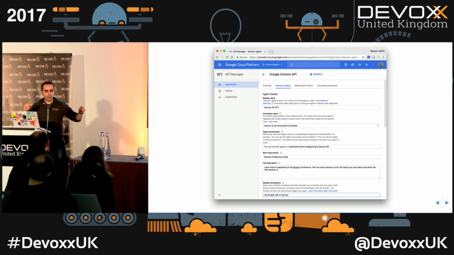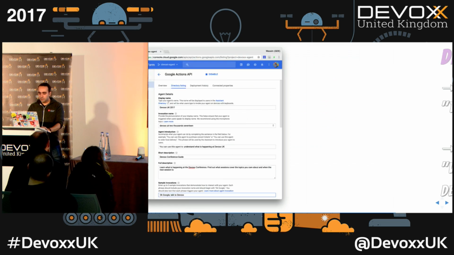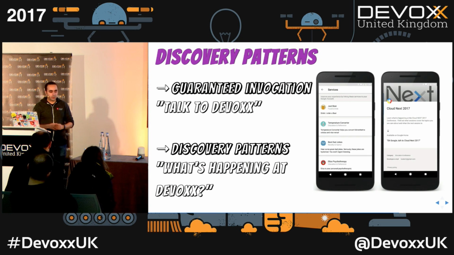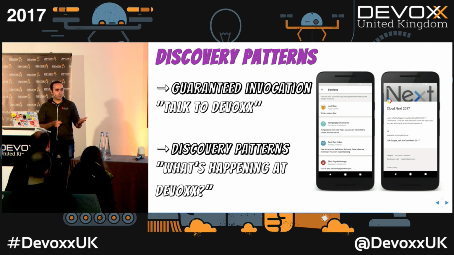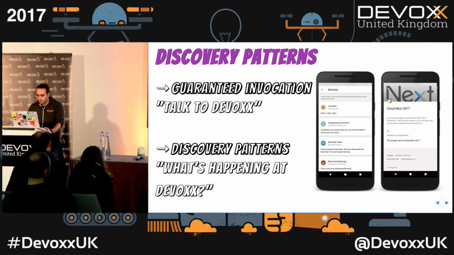I called mine conference agent, so you can choose yours. And once it goes public, you can use the Google Home app on your phone to list all the different apps or services that are already public, or install new ones. This is the same app that you use to Chromecast your content on your TV.